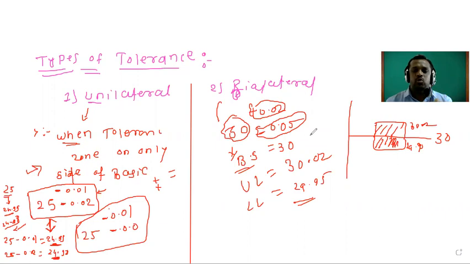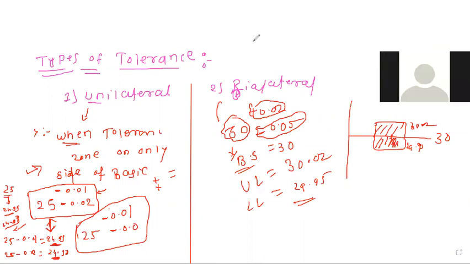Means we can show the dimension on the positive side along with the negative side also. Both signs will be there in bilateral tolerances, but in unilateral tolerances there will be either a plus sign or a negative sign like this. Okay, so understood?